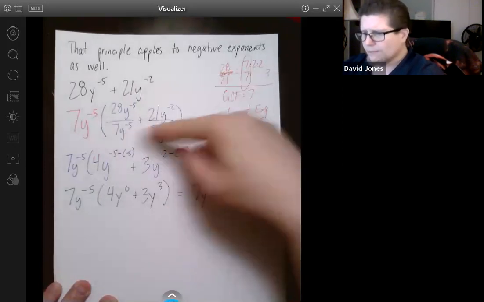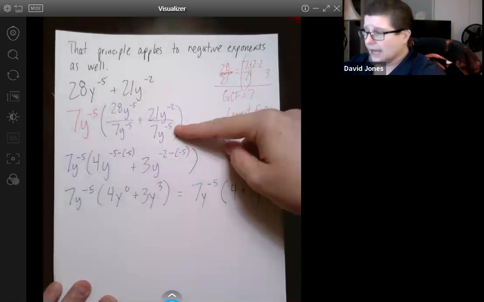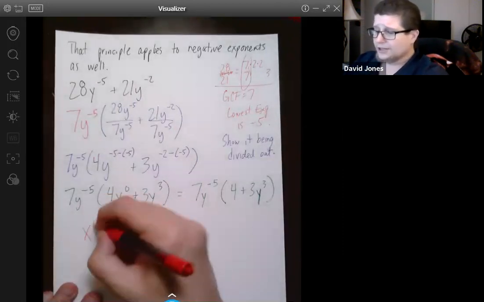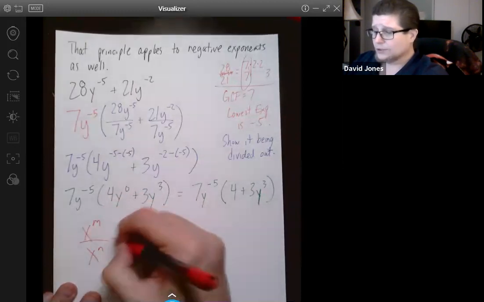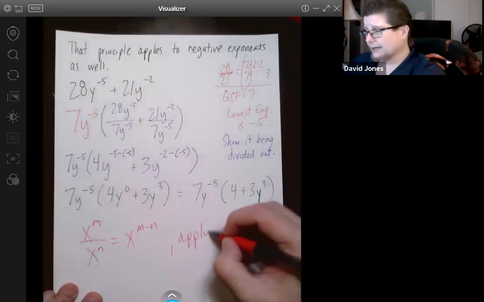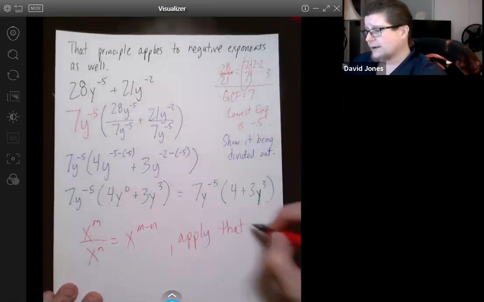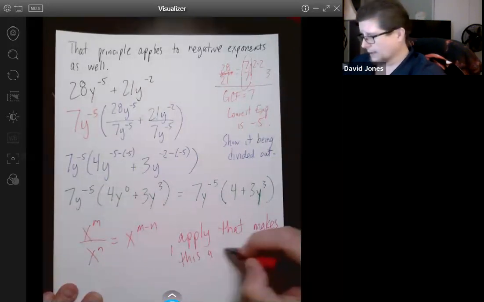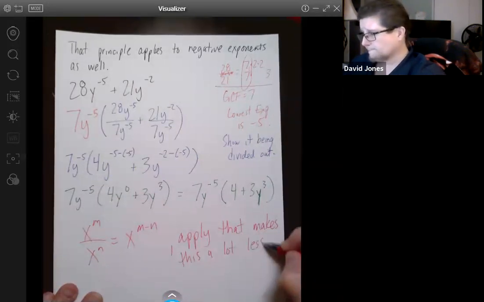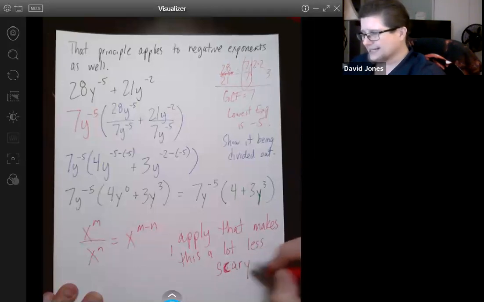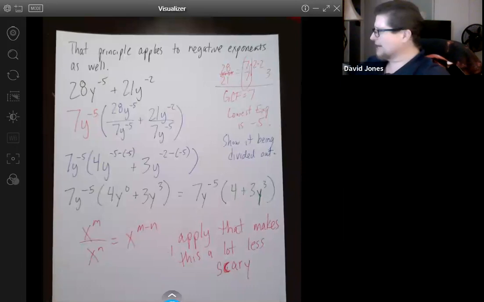But if we show it being divided and we apply x to the m over x to the n equals x to the m minus n, it makes this a lot less scary. Okay? Because that's an easy operation. Subtraction is easy.